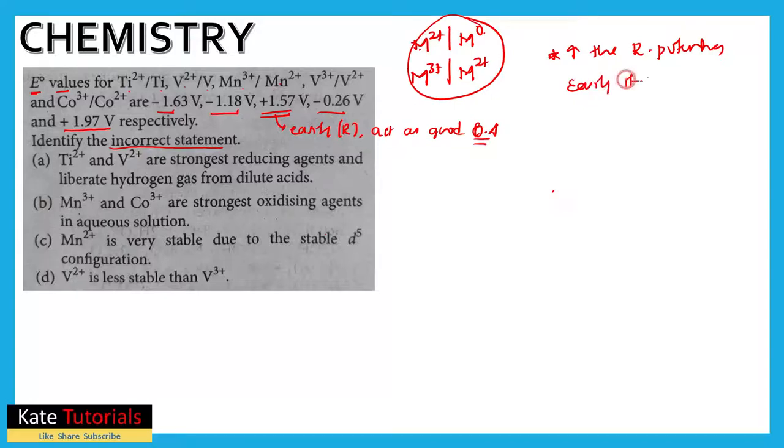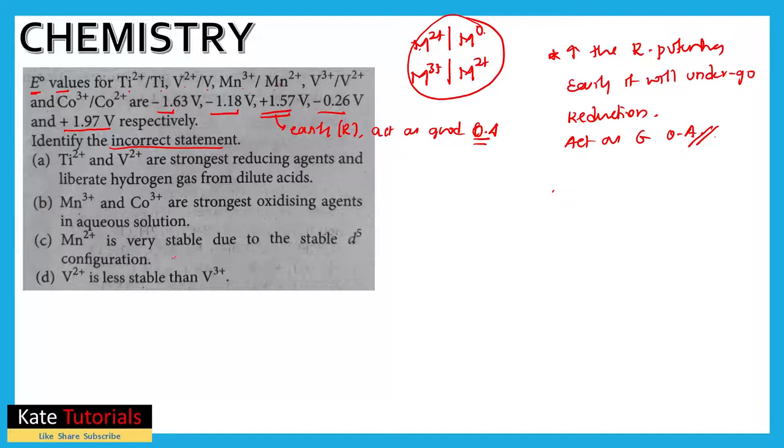Easily undergoing reduction means it acts as a good oxidizing agent.